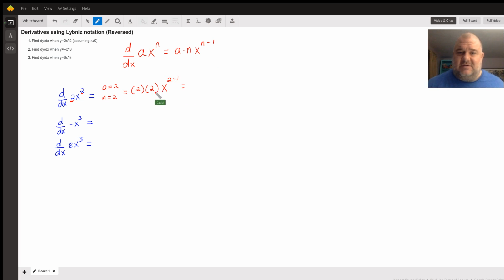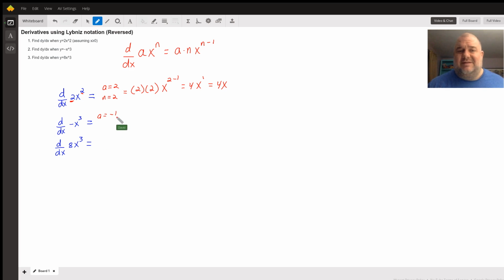And that's going to give us 2 times 2, which is 4x to the 1 power. And we don't usually need to use the 1 power, so we can just simplify this down to 4x.